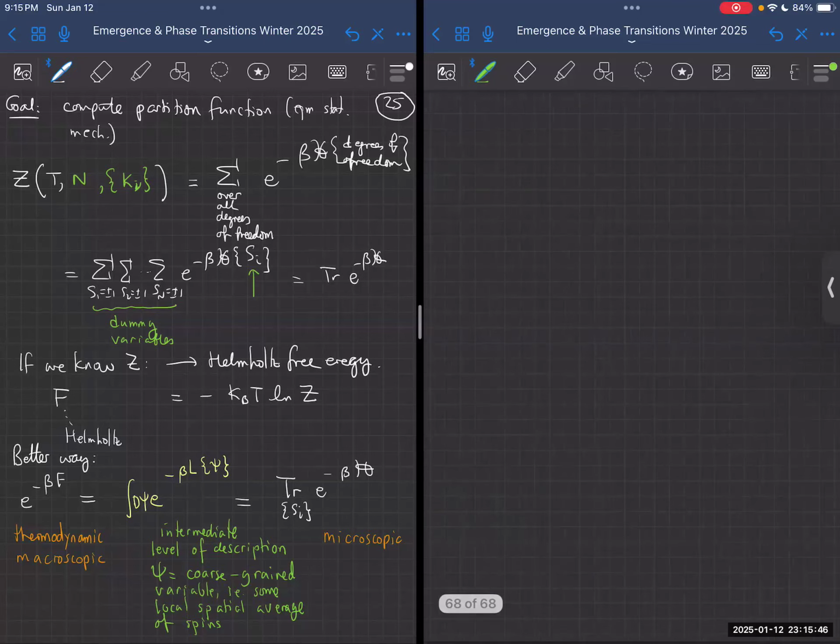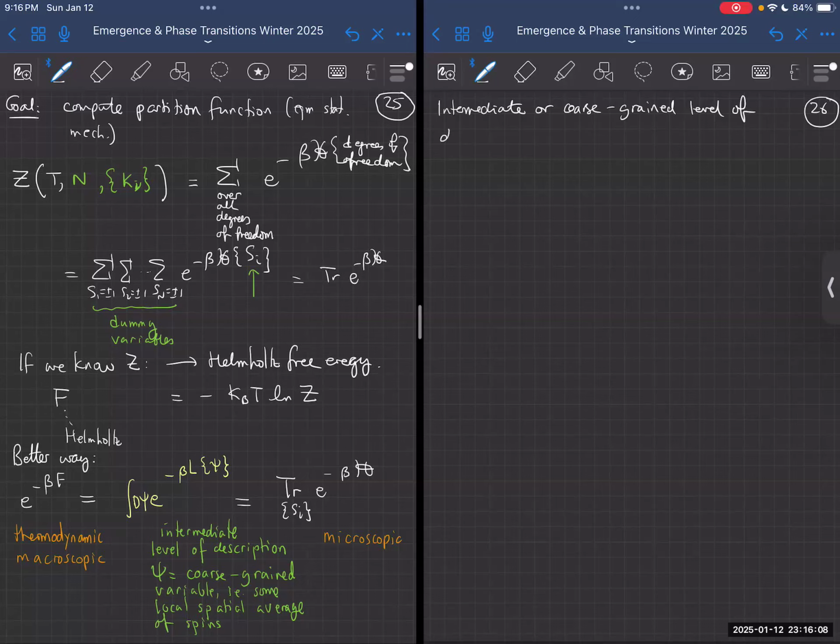Another way to think about it would be, let's talk about a fluid. So I introduced this term coarse-grained level of description, and I'm going to talk about that for a fluid.